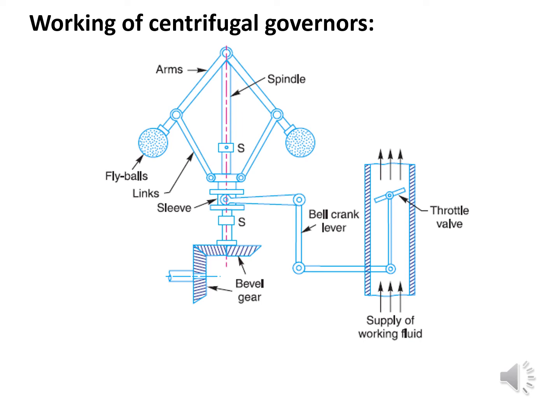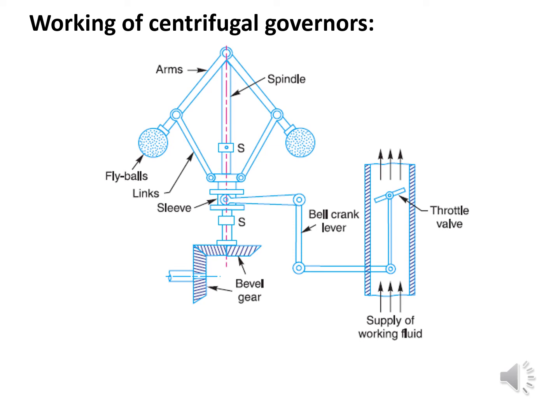In order to limit the travel of the sleeve in upward and downward directions, two stops S S are provided on the spindle. The sleeve is connected by a bell crank lever to a throttle valve. The supply of the working fluid decreases when the sleeve rises and increases when it falls.